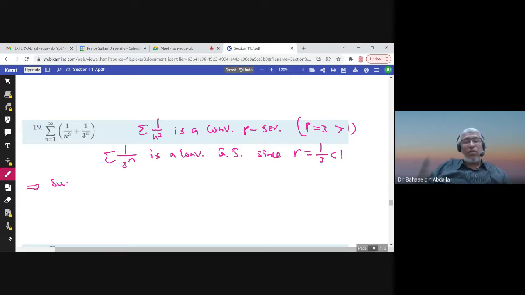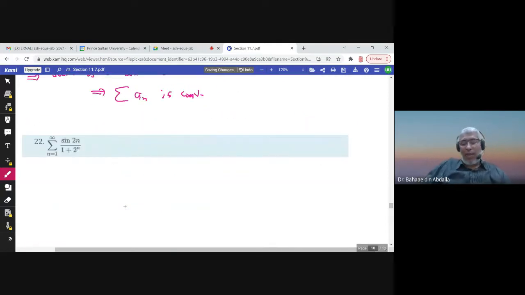So the sum of two convergent series is convergent. So summation an is convergent.